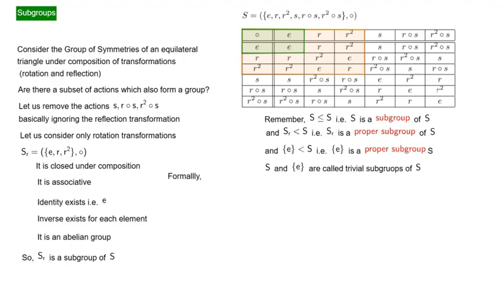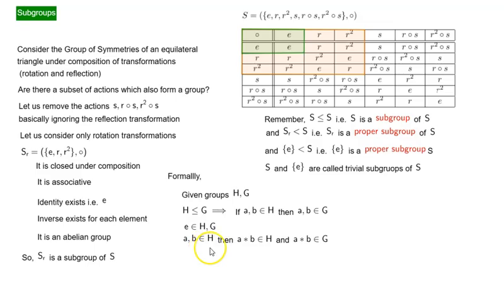Formally, this is what we would say. Given groups H and G, H is a subgroup of G. When we say that, it means if two elements A and B are in H, then they are also in G. Identity is common to both H and G. We can't have a separate identity for one group and a separate identity for the main group.